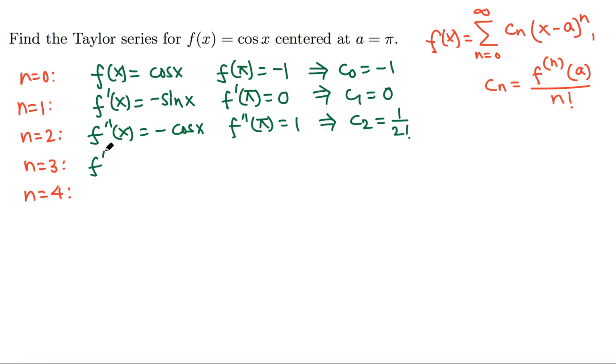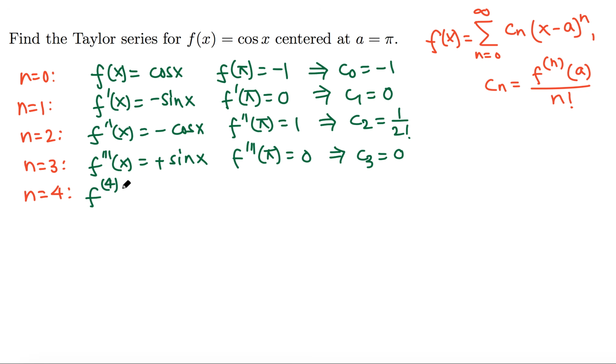Let's find the third derivative. The derivative of negative cosine is sine, so the third derivative becomes just sine x. Let's evaluate the third derivative at the center: sine pi, which is 0. So c3 is 0 over 3 factorial, just 0.